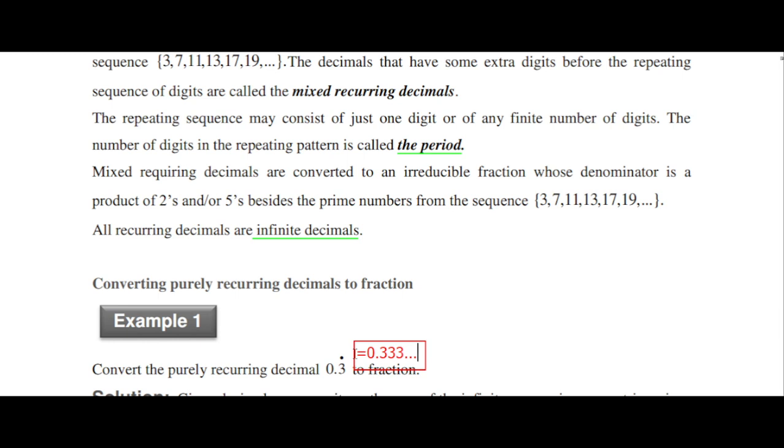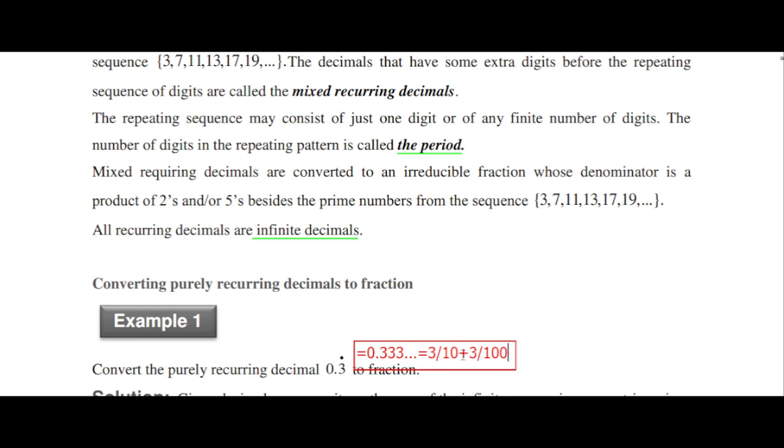So this can be rewritten as a geometric series like this. This is equal to the first term 3 over 10, which is 0.3, plus 3 over 100, which is 0.03.